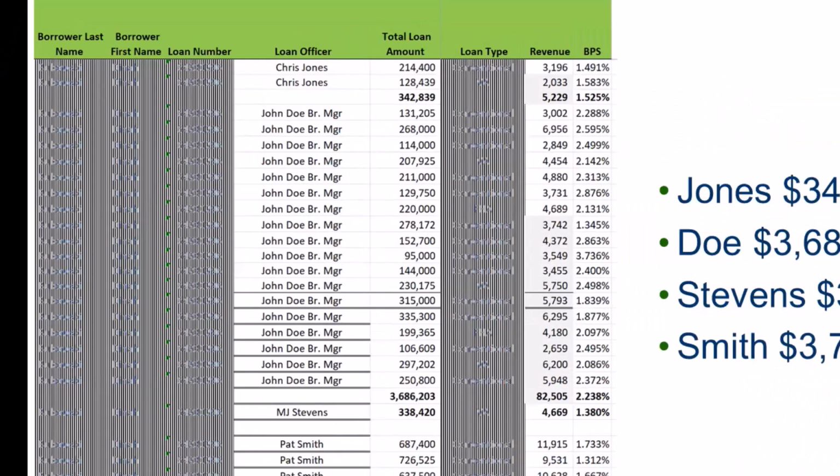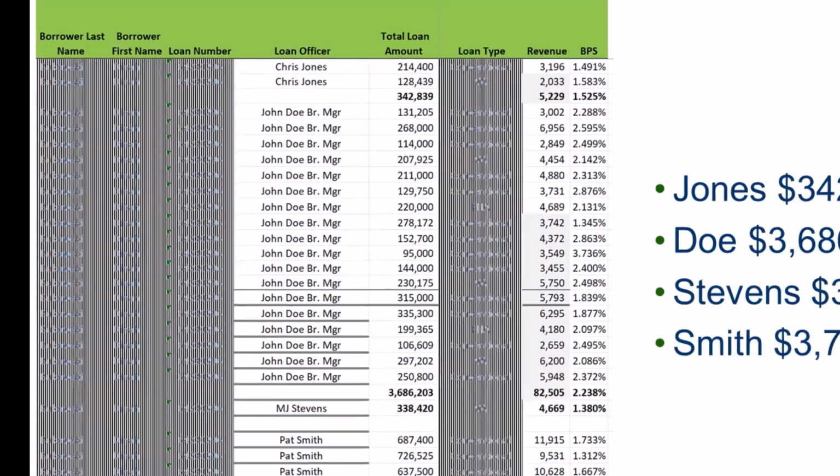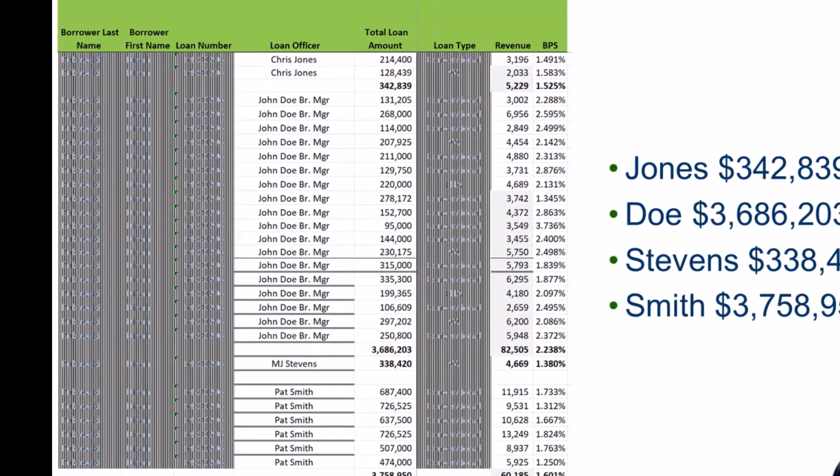Now let's sort this by LO. Here it is sorted, and you can see we inserted a line after each LO and totaled their production as a subtotal. Chris Jones closed two loans totaling $342,839, which brought in revenue of $5,229, which translates to Chris's top business blood pressure of 152, one of the discounters.